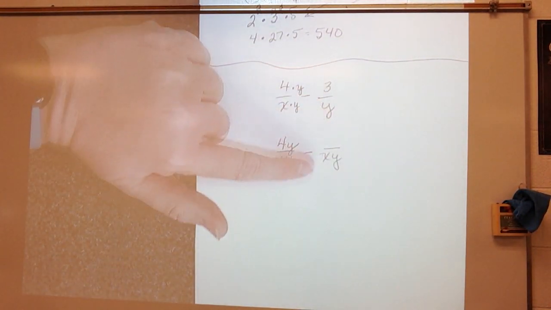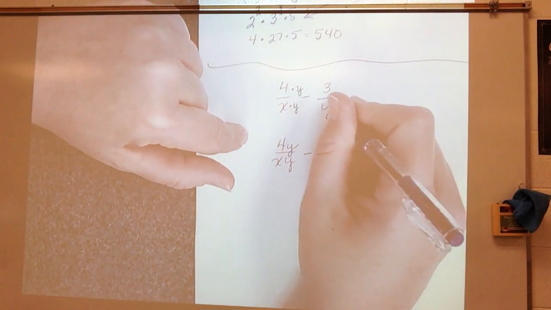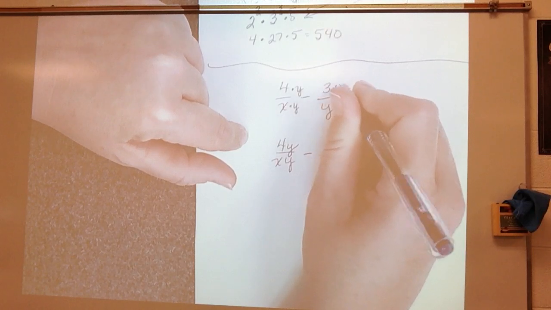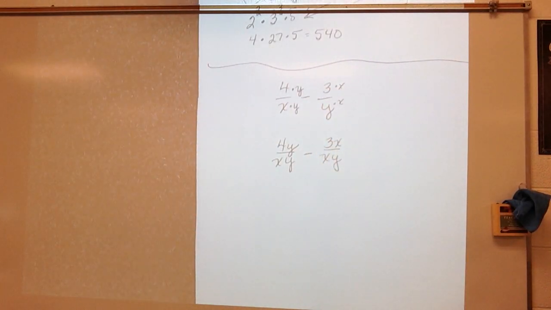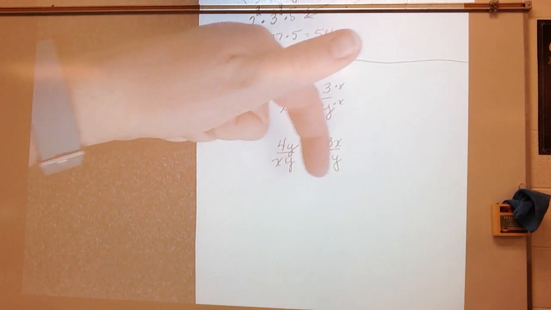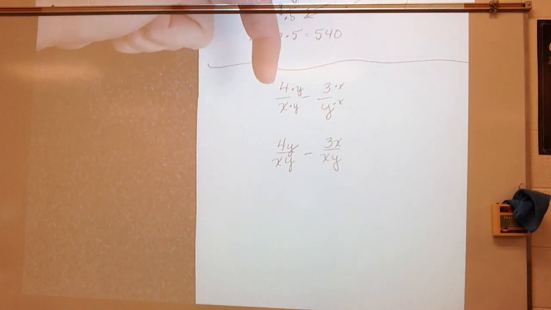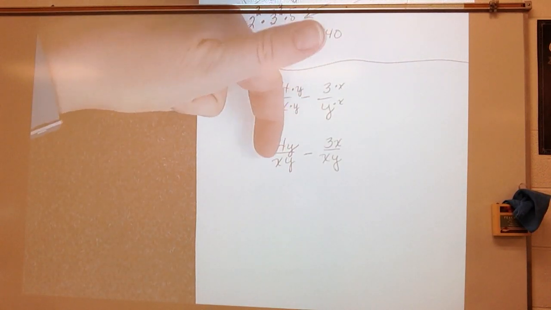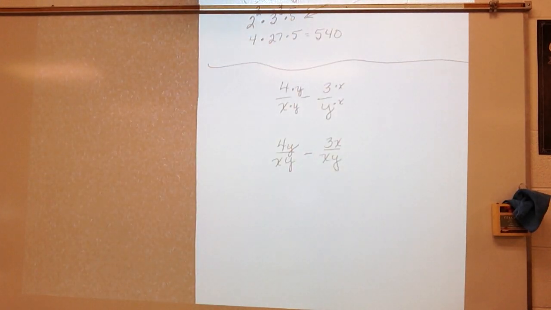I have xy. I already have the y. I would multiply everything times x. So I get 3x. Now here's the difference with these types of problems. Normally, we would go ahead and add across. Guys, I cannot add because 4y and 3x do not have the same variable, so they cannot be added together.